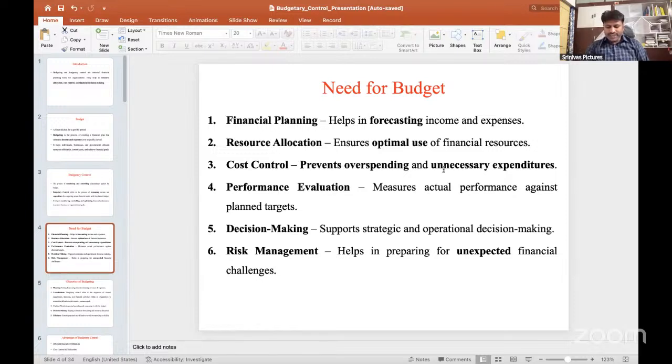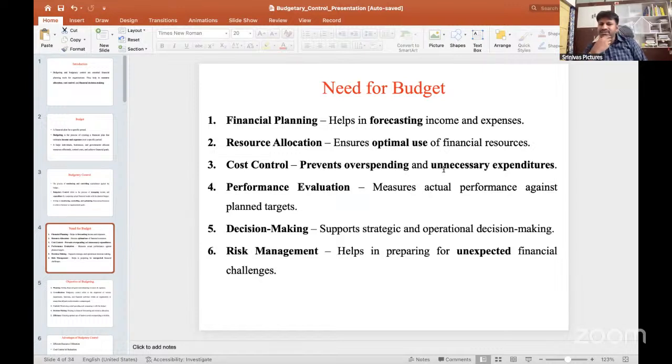The third one is cost control. Cost control means it prevents overspending. Where we are spending more, it reduces the cost, and it avoids unnecessary expenditure also.